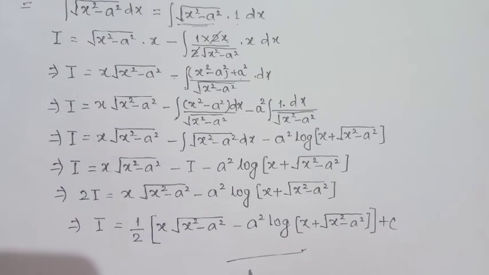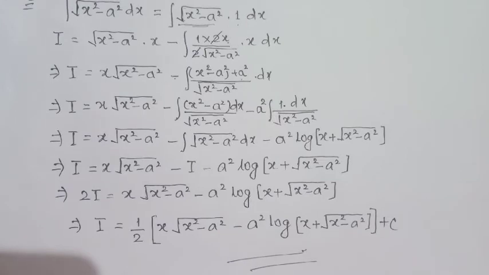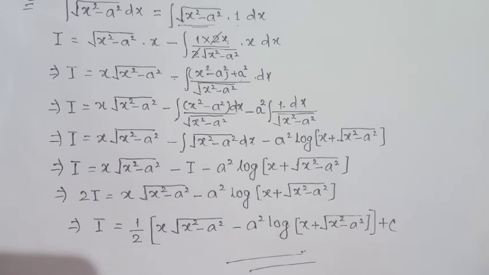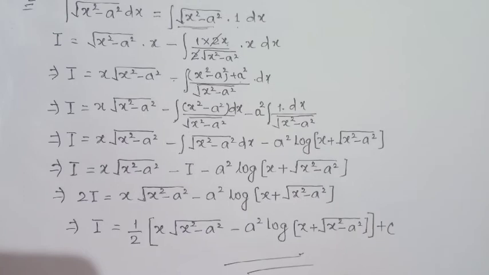This is your identity which we use later as a formula. You must remember the value of this identity, but also you have to know the process to calculate the integration of such type of question.